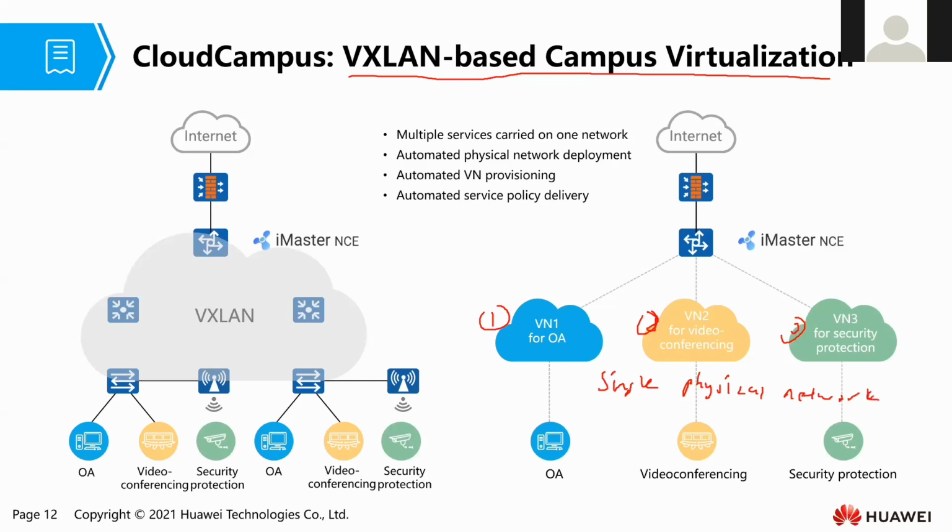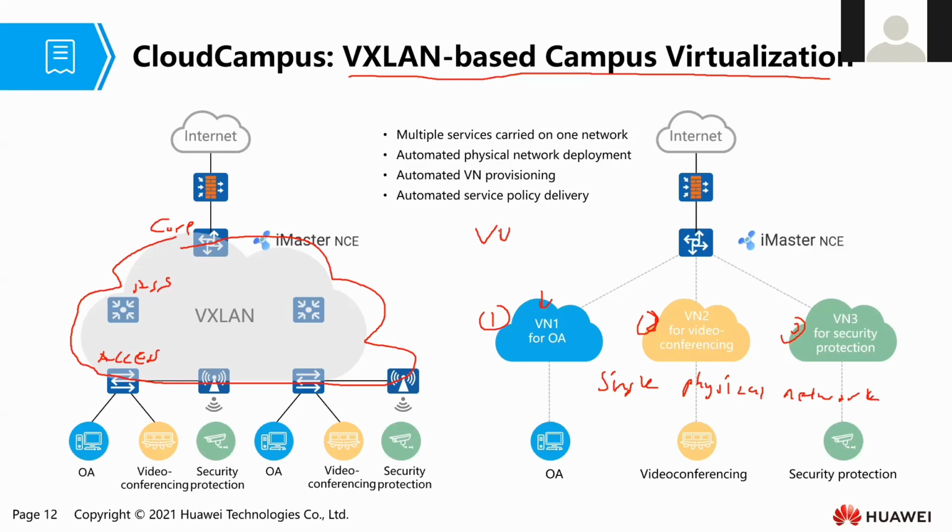How we do it: you can see that we have our core switch, aggregation, and access switch. In between all these switches, we will run VXLAN. In VXLAN, we are able to create different VNs.